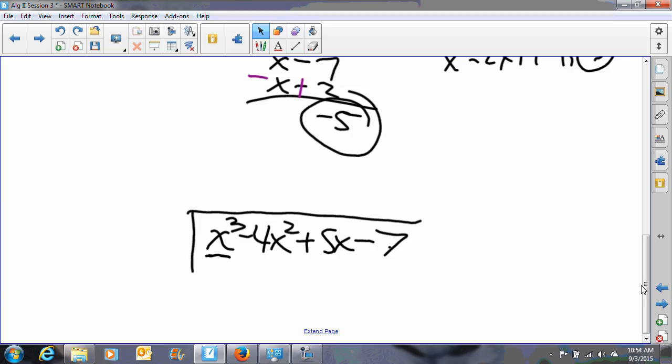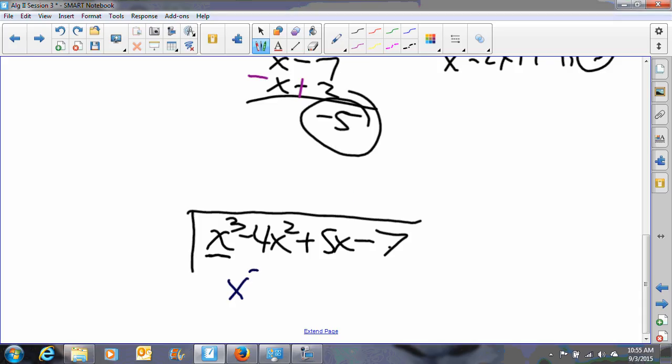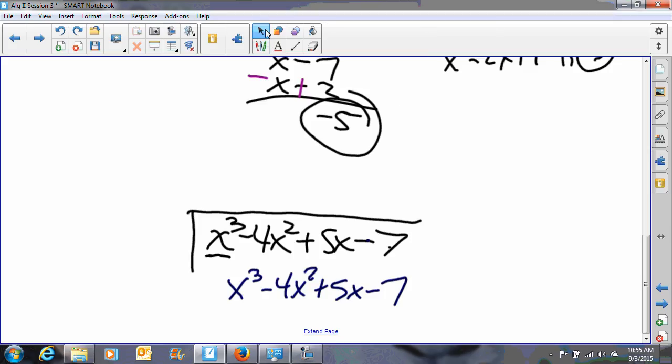Smartboard is not behaving real well for me yet, but okay. Let's just write it again. Blue, where's blue? Maybe this is blue right there. Okay. So we've got x cubed minus 4x squared plus 5x minus 7. There we go, and we can maybe get rid of this.